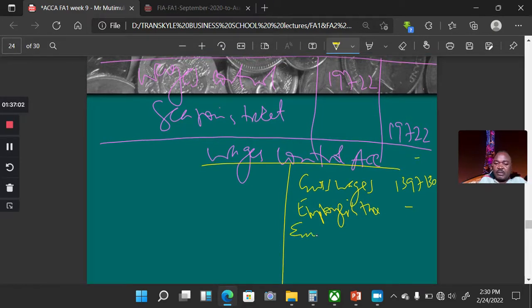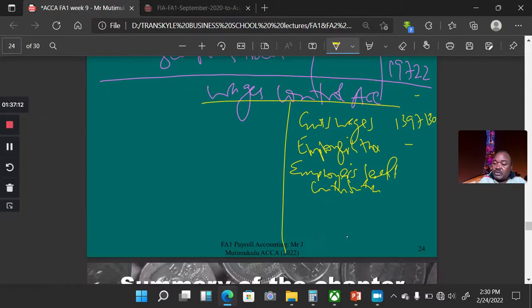But employers' benefit contributions are there. Also employers' pension contributions, they are there. So let us just find their values.